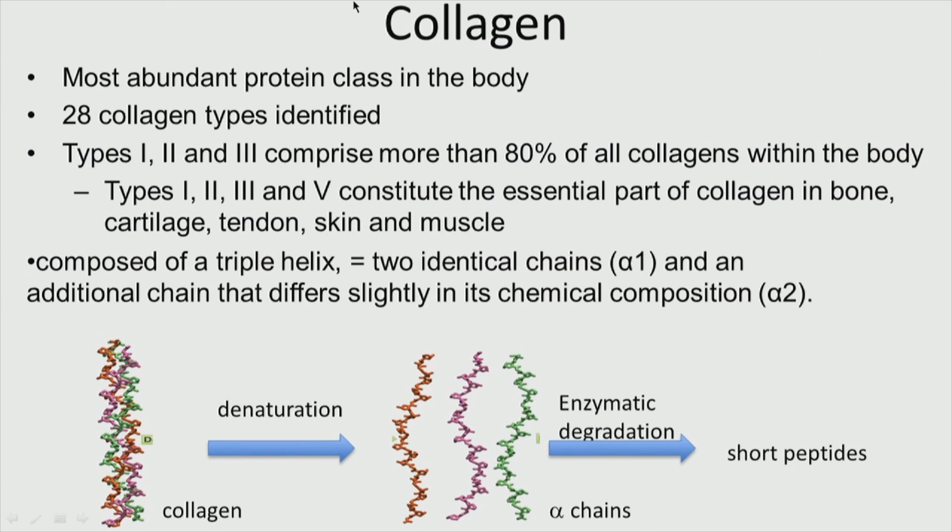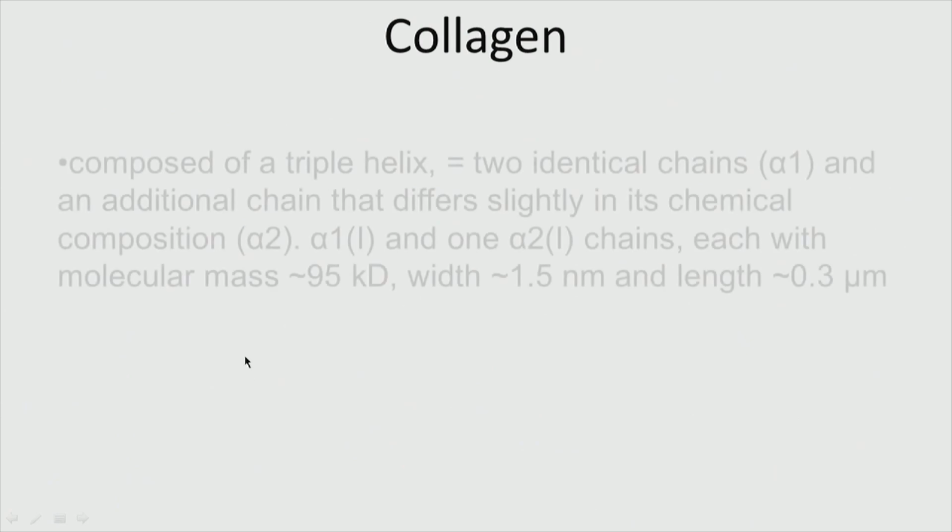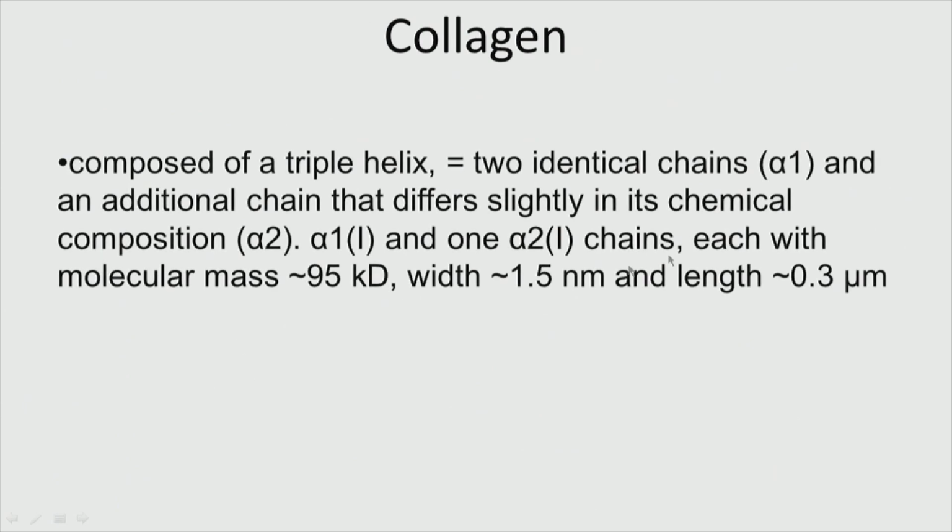So the structure of collagen was originally discovered, as you know, by an Indian scientist, Professor G. Ramachandran, who found out that it forms a triple helix. It is composed of two identical chains, alpha 1, and then one middle one that is called alpha 2.